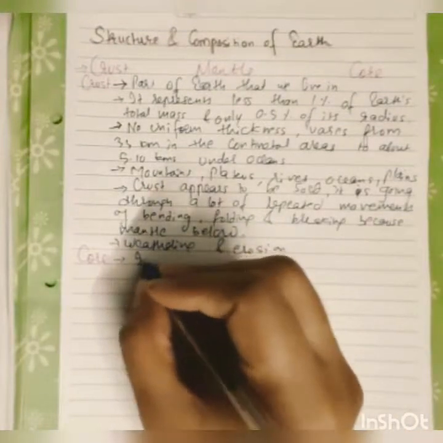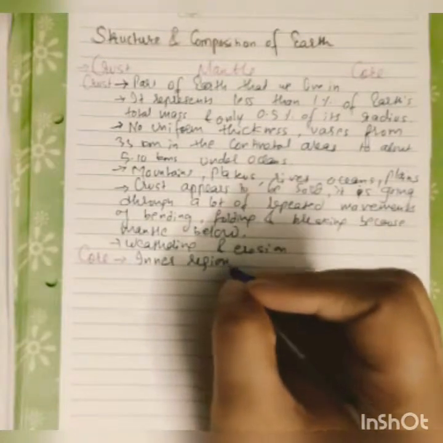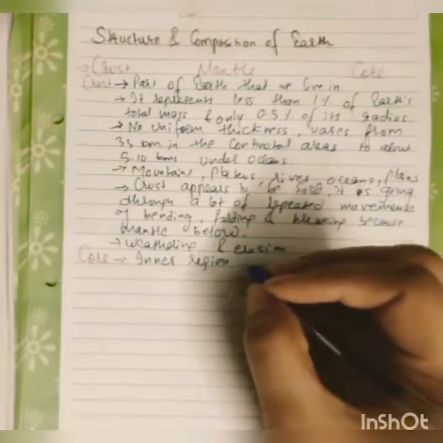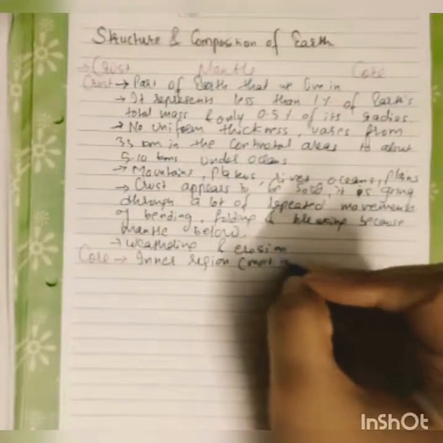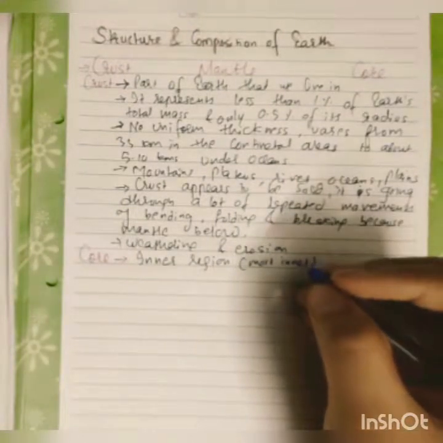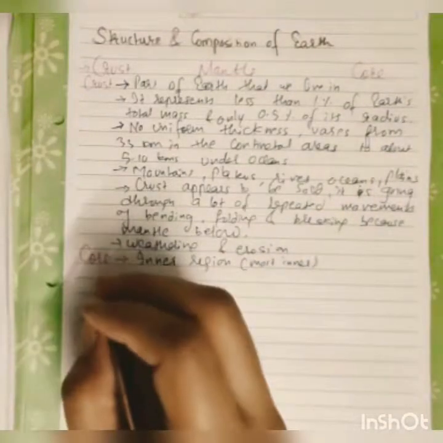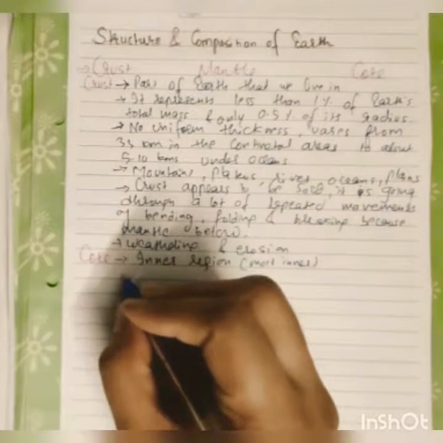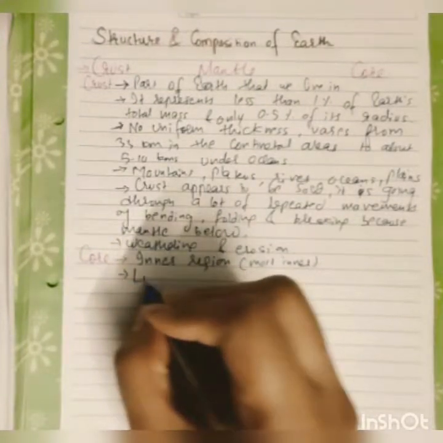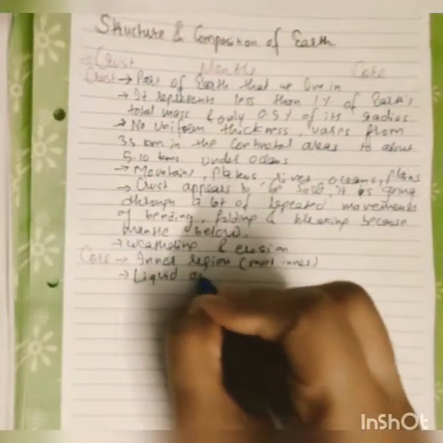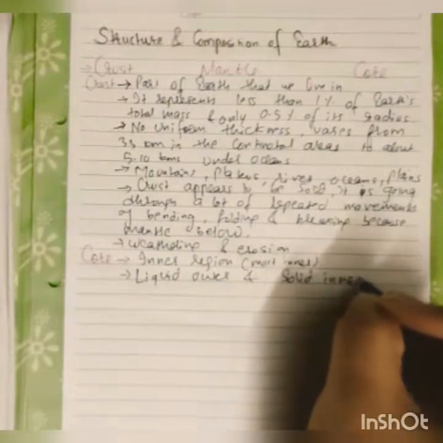It is the innermost region, actually, not only inner, most inner, innermost, you can say it howsoever you want to. Okay, now it has a liquid outer and solid inner zone.